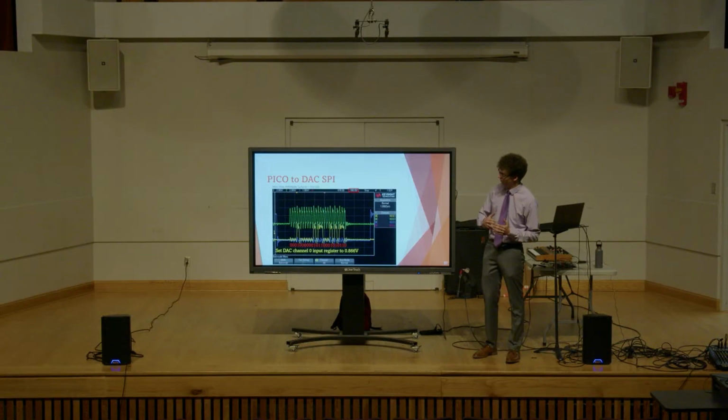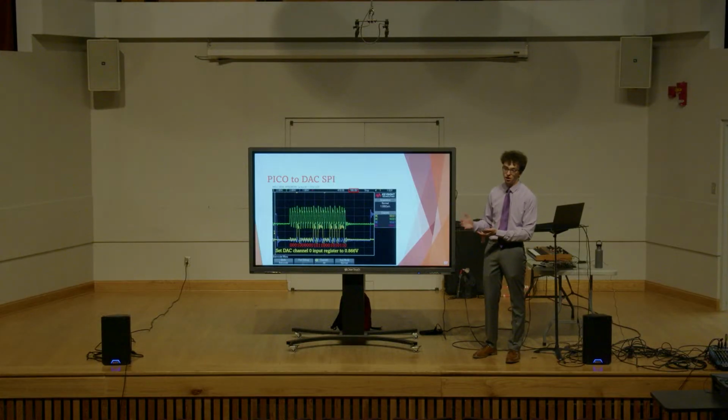I've provided a translation to binary in red on the bottom there, the message that the Pico is providing to the DAC. This is based on the data sheet and how this specific DAC works. For example, the first 4 bits, 0001, mean update input register.